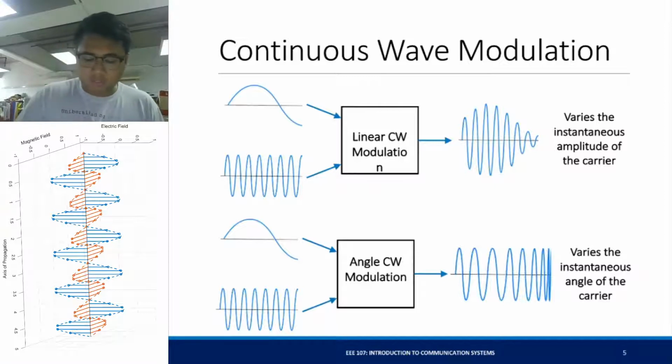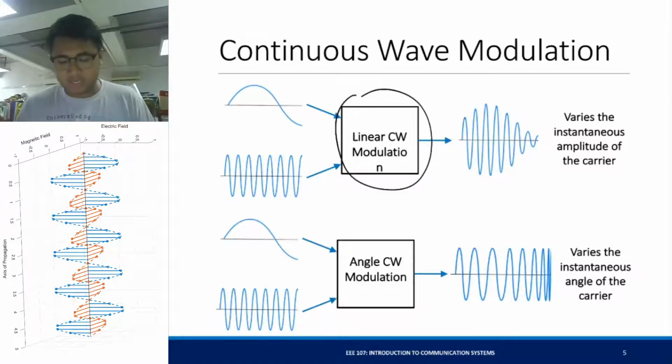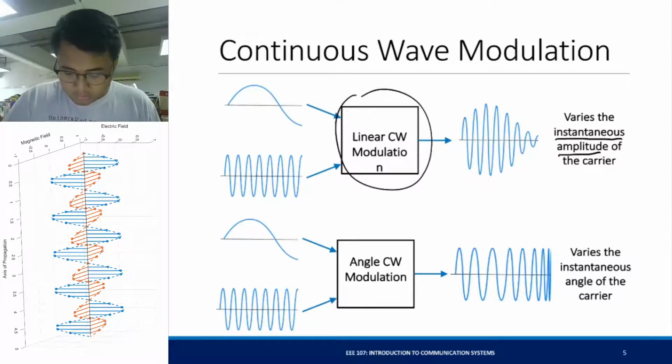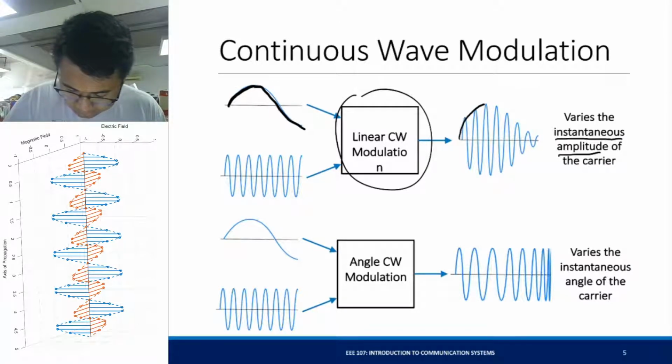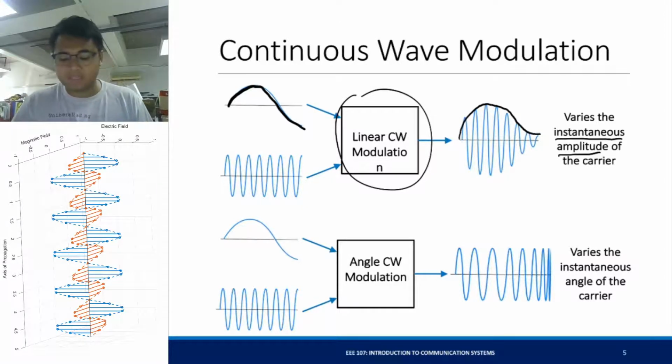For now, let's focus on the linear continuous wave modulation. The linear continuous wave modulation varies the instantaneous amplitude of the carrier. As you can see here, the amplitude of the carrier at the output of the linear CW modulator varies with respect to the signal. If this is your signal, then see how the amplitude of the carrier is changing depending on the signal level. Right?